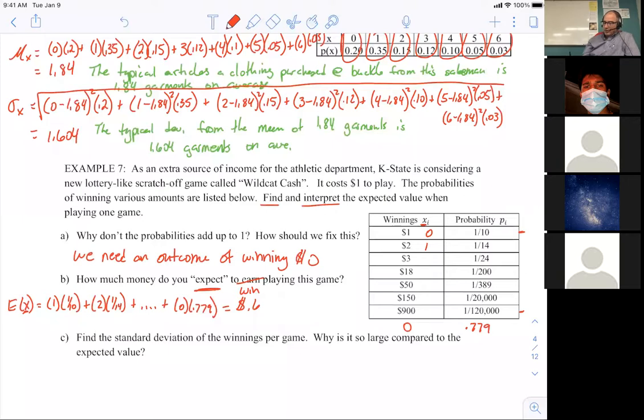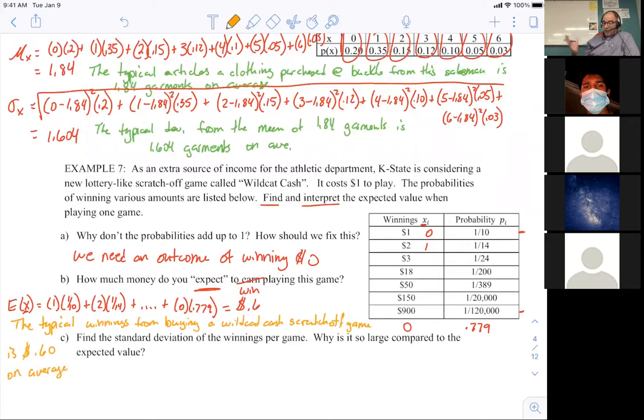So our interpretation is going to be: the typical winnings from buying a Wildcat Cash scratch off game is 60 cents on average.